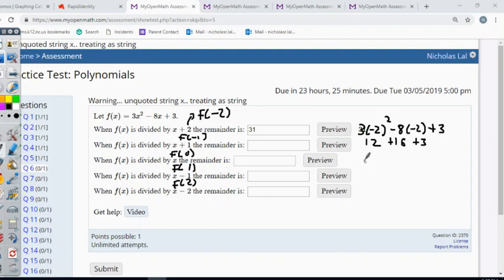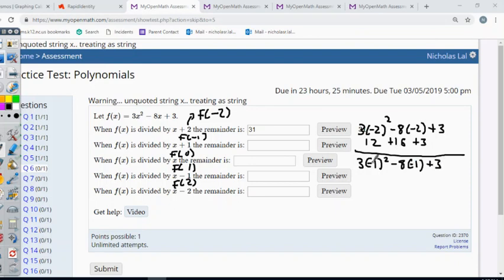When x is negative 1, we have 3 times negative 1 squared minus 8 times negative 1 plus 3.